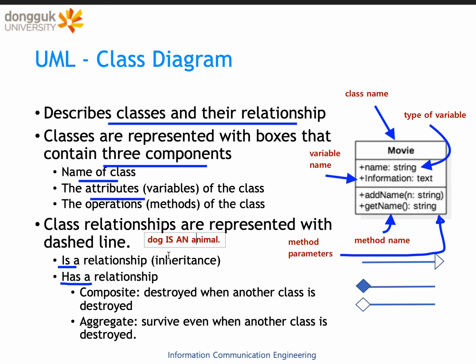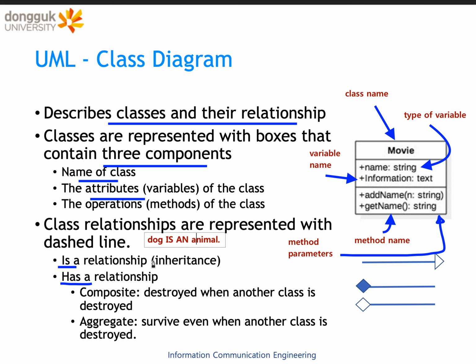Like a dog is an animal, a cat is an animal, or a table is furniture, a chair is furniture. That is an is-a relationship. Typically, in an is-a relationship, the subject is the more special thing and the object is the more general thing.